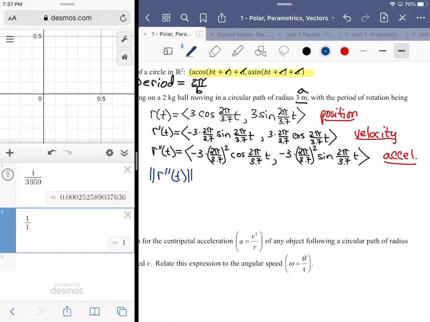Because what we'd essentially be doing is squaring each part, including the trig functions. And that part actually makes it nice. So we're going to take this and square it. We're going to add to it the other one squared.